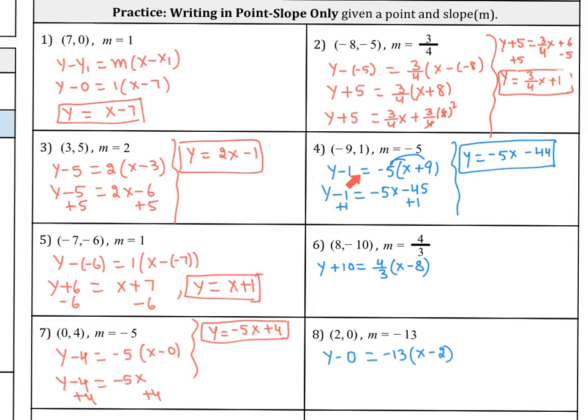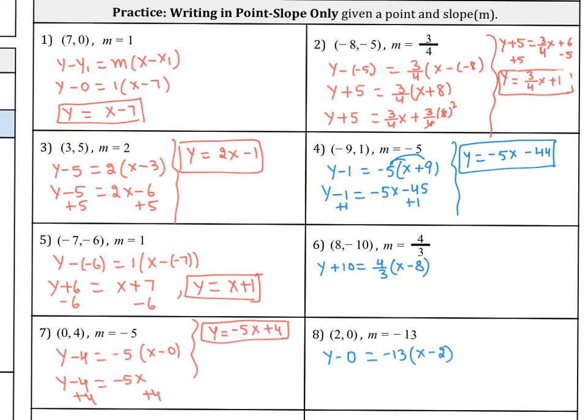I'm going to leave the question here because it's point slope form. Number 5, y plus 6 equals m, x plus 7. This one was easy to make y by itself, so subtract 6 on both sides, you get y equals x plus 1.